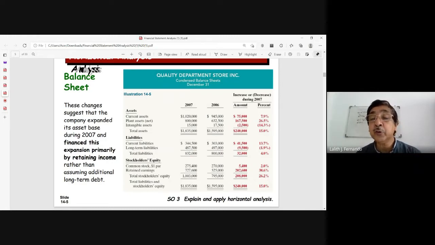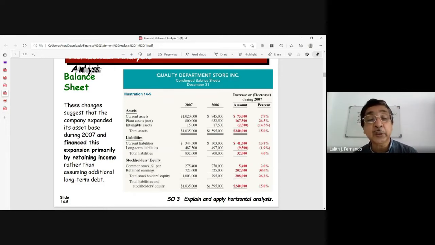And how are we going to measure that rate? The decline rate is 2,500 divided by 17,500. Now that comes to 14.3%. But it should be given within brackets since it is a decline.